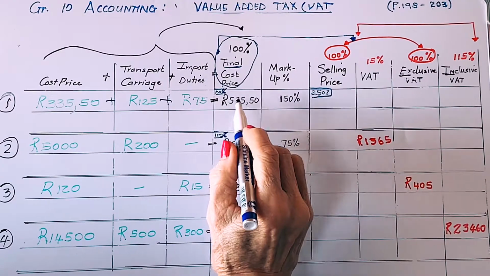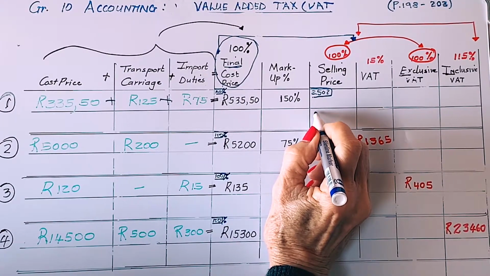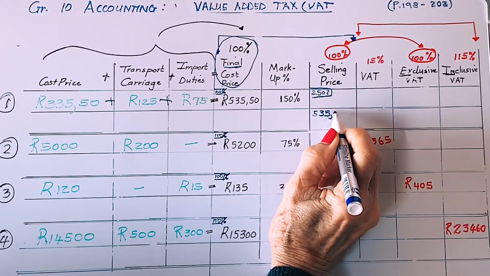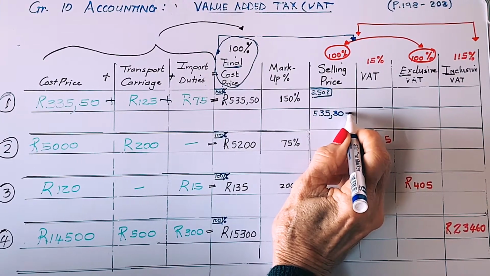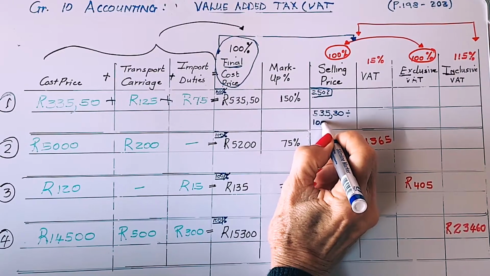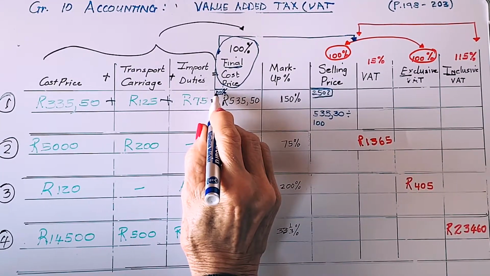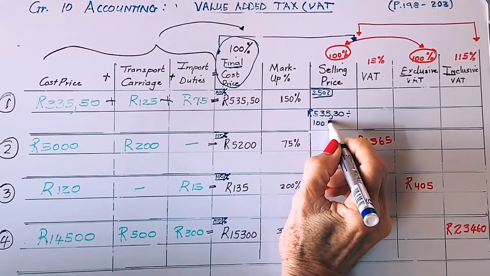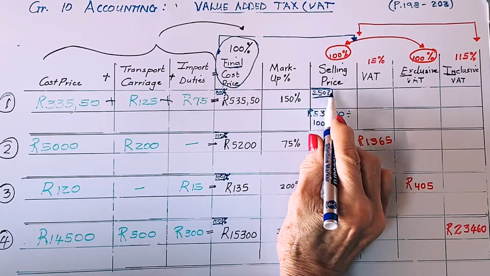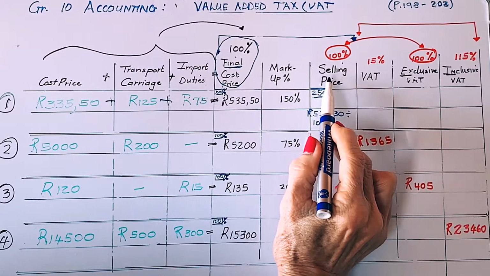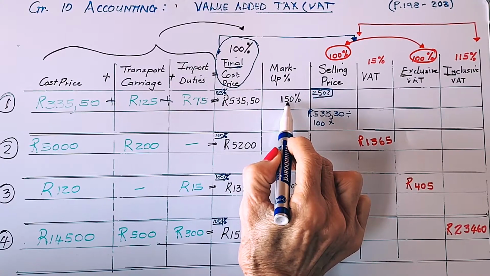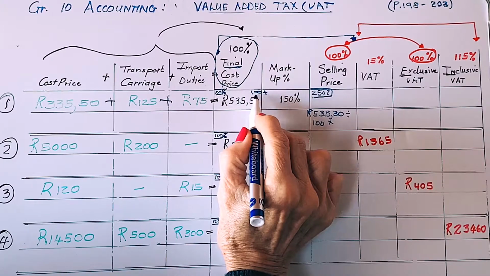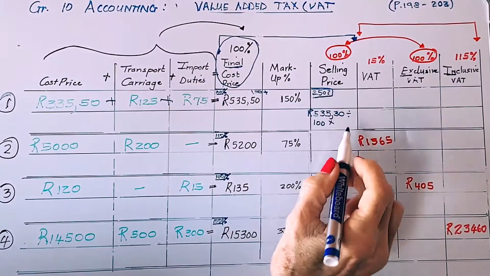So you have the cost price amount available to you, R535.50, divided by 100, because that is the value of that rand amount, times 250, because selling price means 100 plus markup, equals my 250.